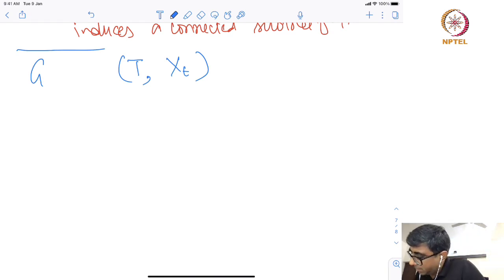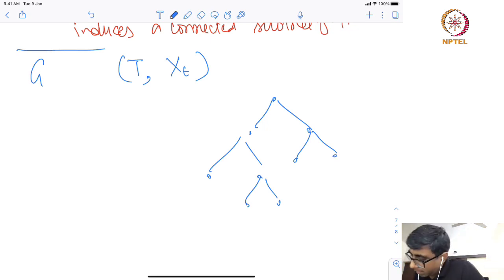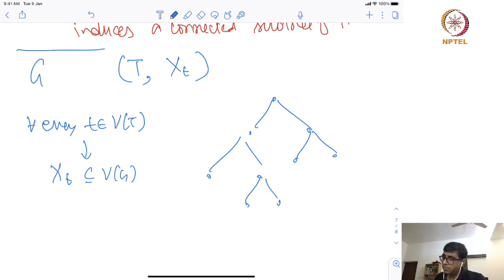So I have a graph, and for this graph I have associated a tree, and for every t in V(T) I have associated some X_t, which is a subset of the vertex set of G. And what is the property? If you give me a vertex v, it is going to appear in some X_t of some node. If I give an edge uv, it is going to occur in some bag.